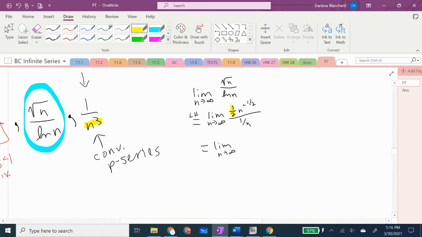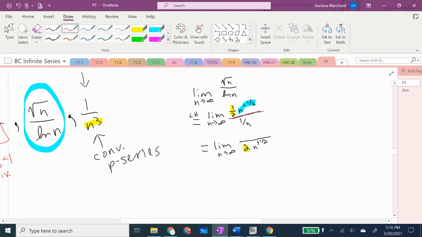This 1/2 in the numerator is going to create, in a singleton fraction, a 2 in the denominator. In the numerator, I have a negative exponent. That's going to move to the denominator, and it's going to have a positive 1/2 exponent when I move it.